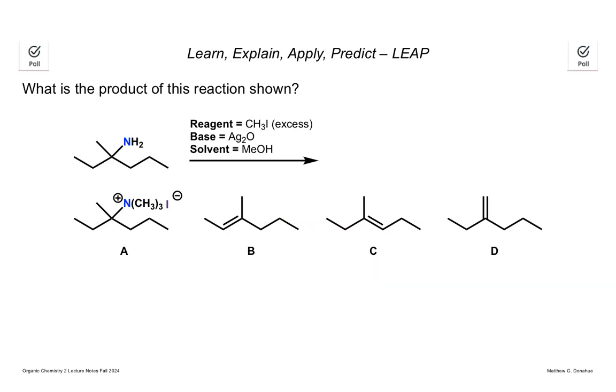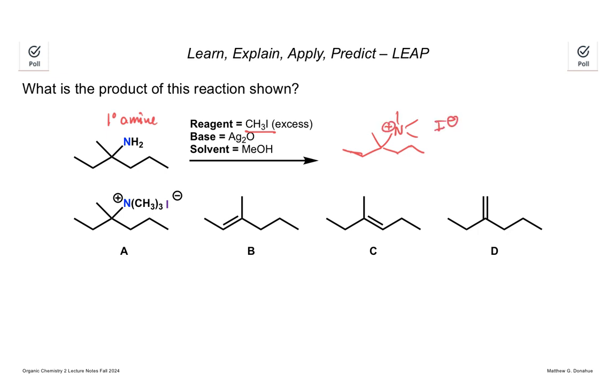So what about this reaction here, a slight variant? We have a primary amine. When we treat with methyl iodide, the intermediate we form is now the ammonium salt.